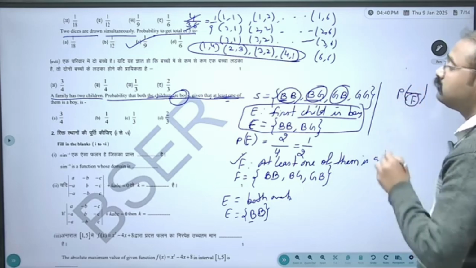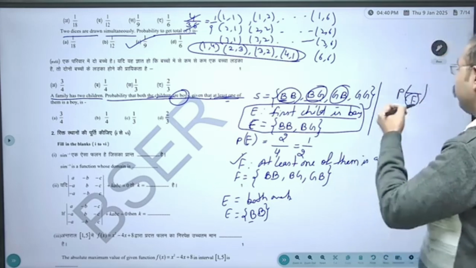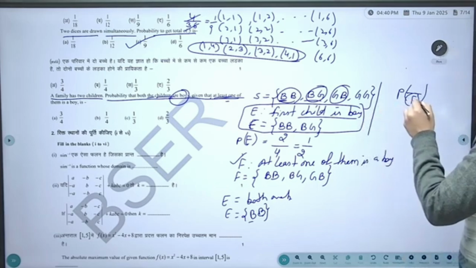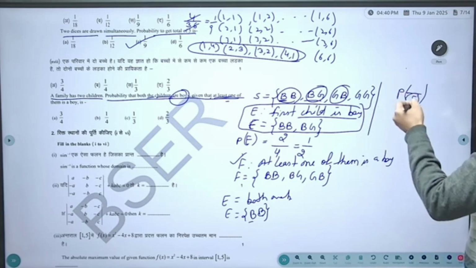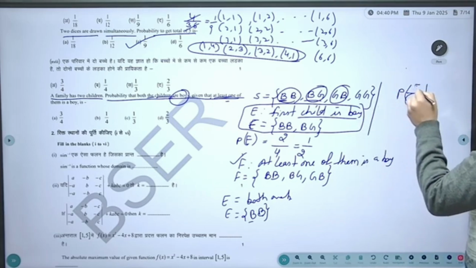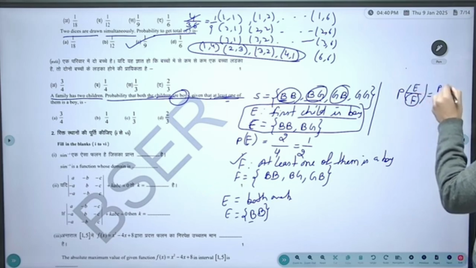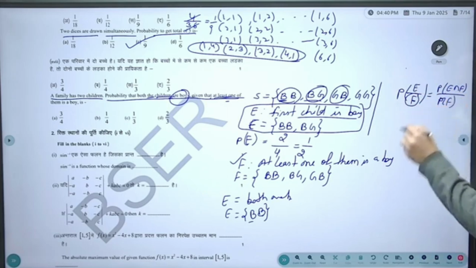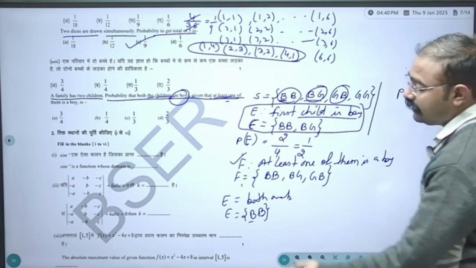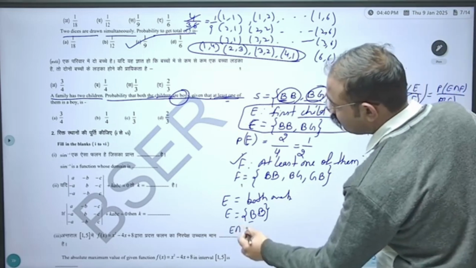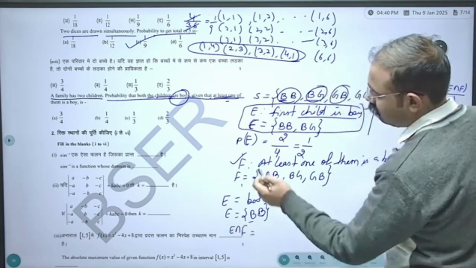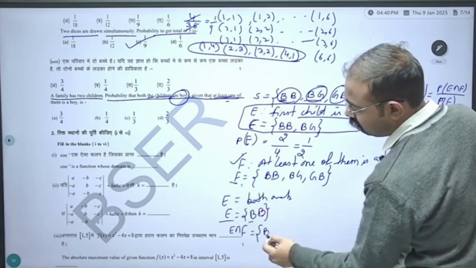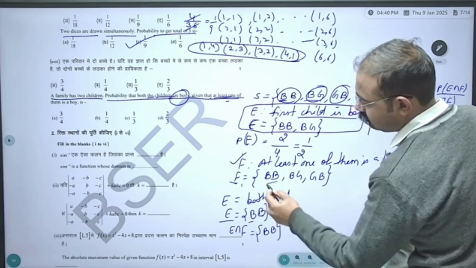This is given, and in conditional probability, the given event we just keep in the denominator and in the numerator we have to find E, and its formula will be P(E intersection F) upon P(F). What is E intersection F? Here this is event E, this is event F. What is common? This.